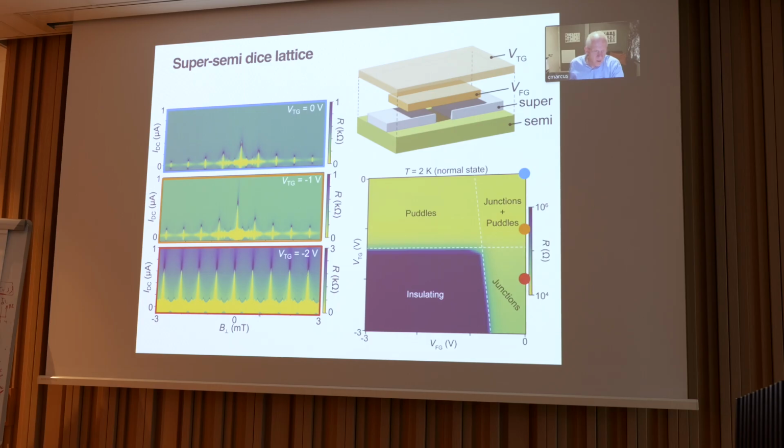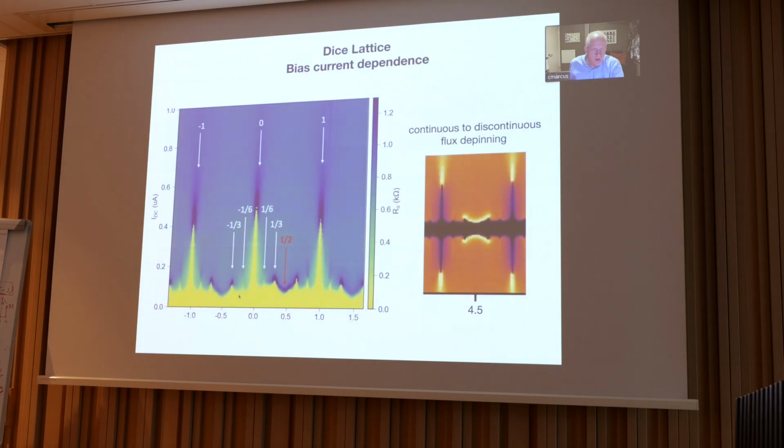But where I want you to cast your eye, most importantly, is here, between 0 and 1, what's happening at 1/2. 1/2 is the interesting spot, because that's the spot of caging. And unlike in the square lattice, where there is a secondary maximum at 1/2, here there's the lowest minimum of all.